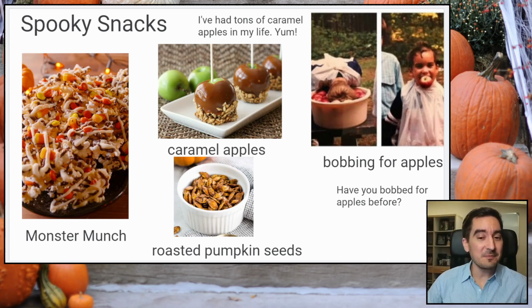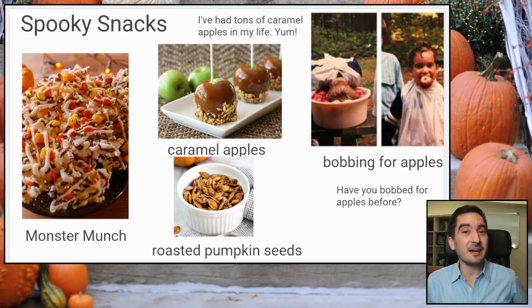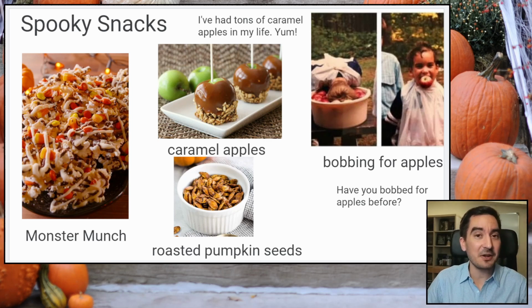Now, the first one we can talk about is Monster Munch. Monster Munch is a kind of snack that some people like to make on Halloween, which is pretty cool. And what it is, it's popcorn and some candy mixed inside and then chocolate poured on top. Sounds pretty awesome, right?